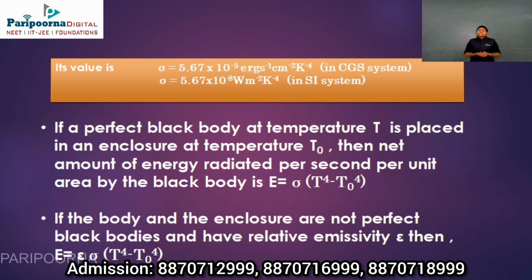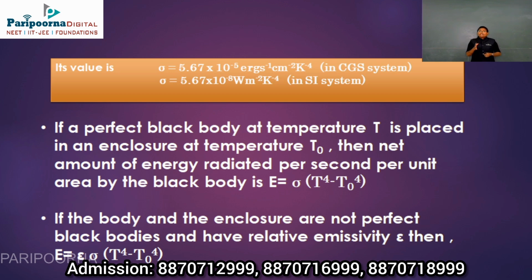Now, in SI system, sigma is equal to 5.67 into 10 power minus 8 W meter minus 2 Kelvin minus 4. So, if a perfect black body at a temperature T is placed in an enclosure of temperature T naught, then the net amount of energy radiated per second per unit area by the black body will be E equal to sigma into T power 4 minus T naught power 4.